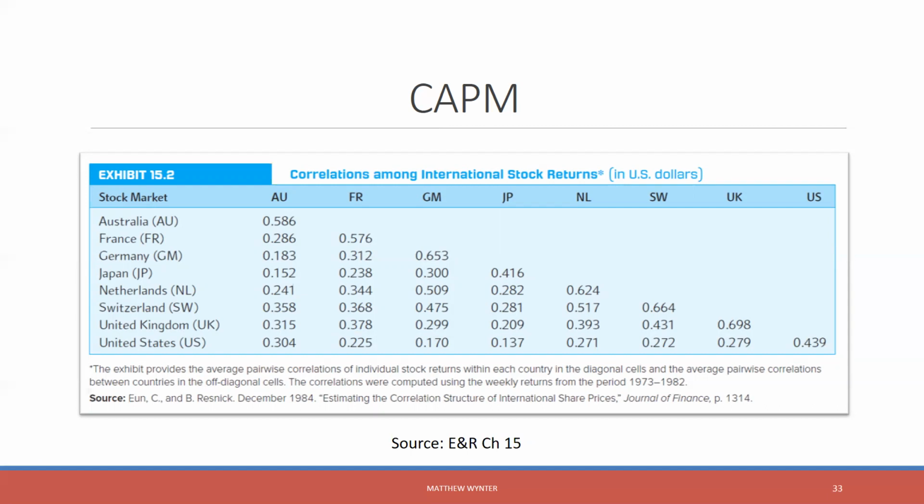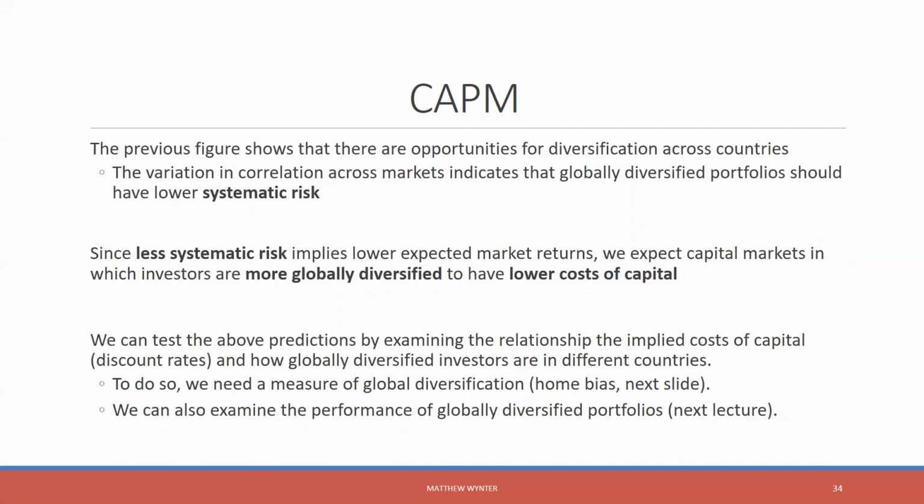Okay, so what's the big takeaway? The big takeaway is that because we have these differences in correlation across countries, we also have the opportunity for large diversification across the world. Okay. So the previous figure shows that there are opportunities for diversification across countries.